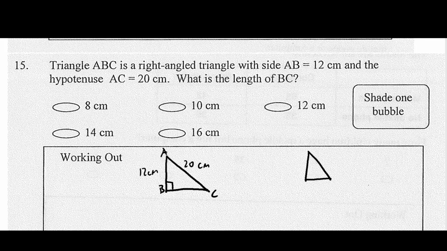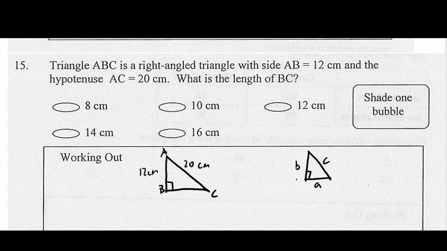you've got the longest side, which is called the hypotenuse. Okay, small a, small b, small c. This side C, the longest side, is called the hypotenuse.